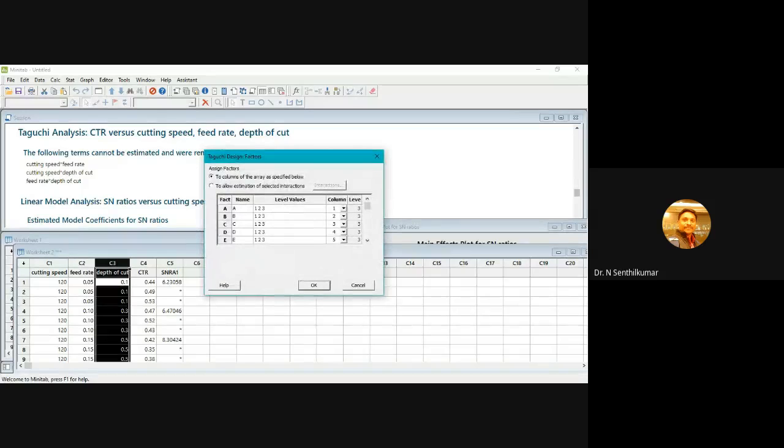So in this, I'm going with the cutting speed: 120, 150, 180. Then feed rate is 0.05, 0.1, 0.15, and for the 5th column I have to select it. For depth of cut, I have to select the 5th column as well: 0.1, 0.3, 0.5.